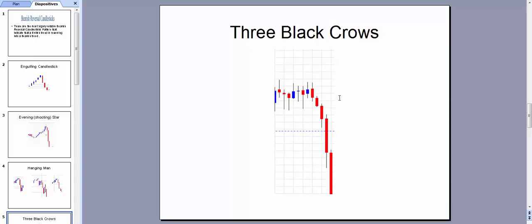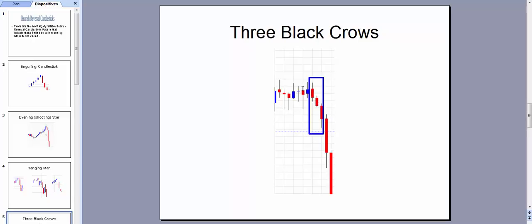The three black crows pattern is the opposite of the three white soldiers in the bullish reversal candlestick patterns. We see a red candle, then another red candle.